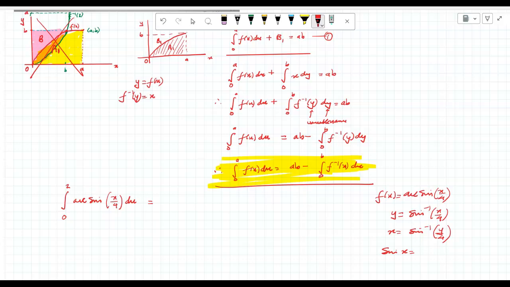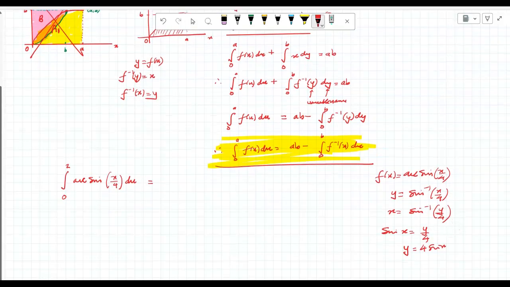So to find the inverse, you replace x with y and y with x. So 4 sin x is equal to y. So y is equal to 4 sin x. That's my inverse.